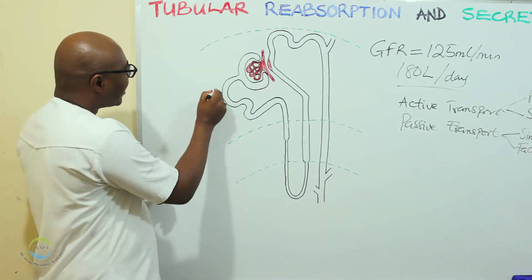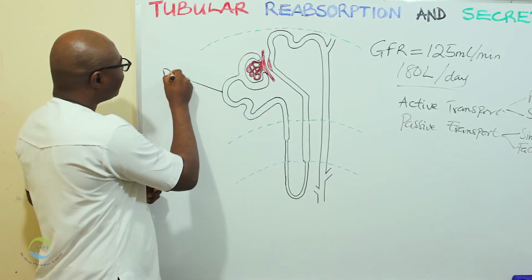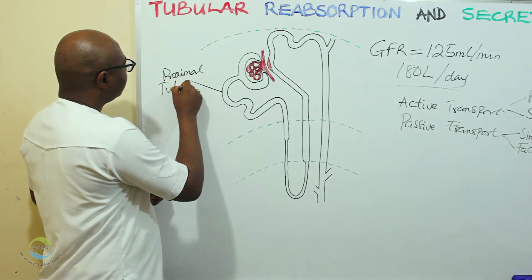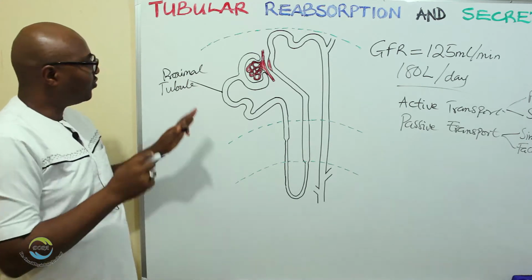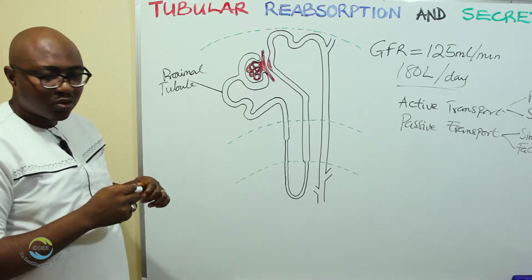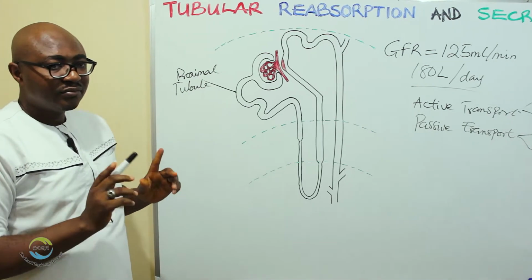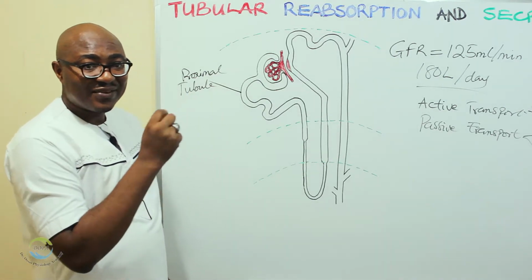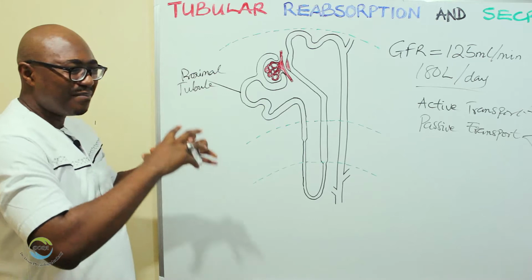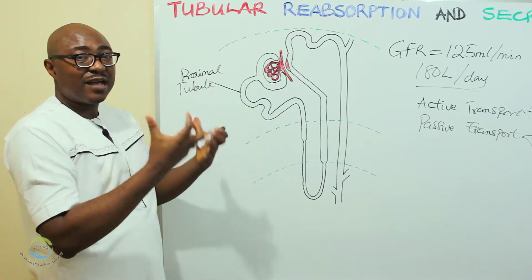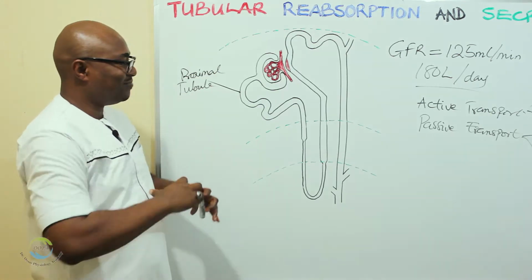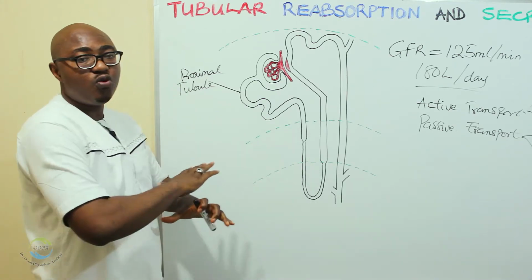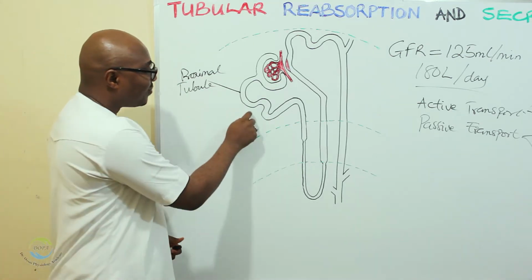All right. So now this proximal tubule or proximal convoluted tubule, what happens there? The important fact you must always remember is that it is the main reabsorber, the mass transporter of this tubule. A whole lot of reabsorption happens here.